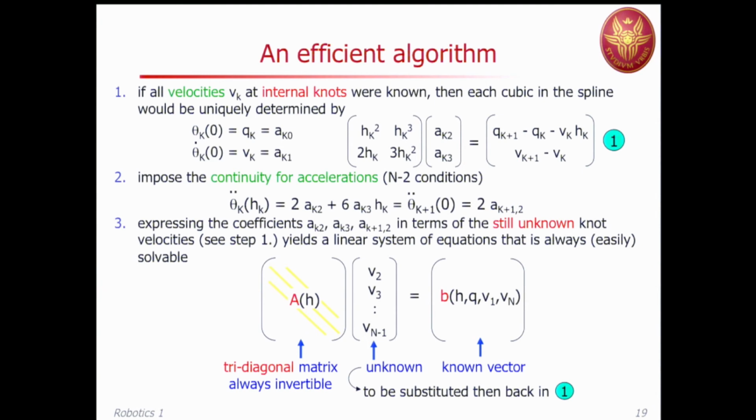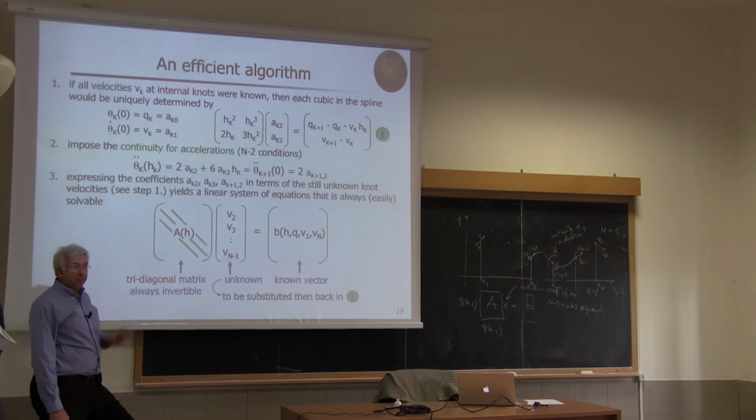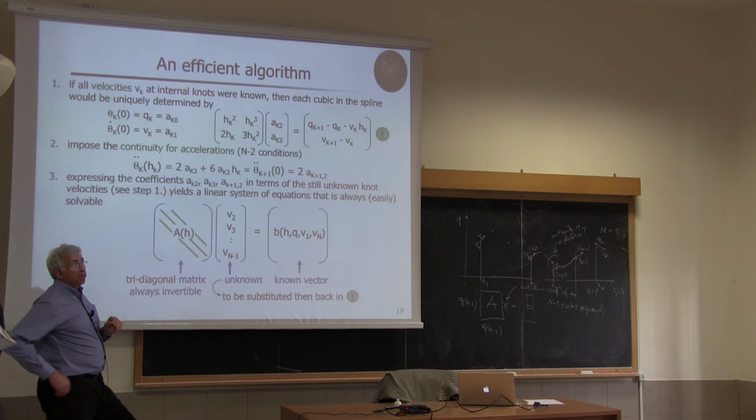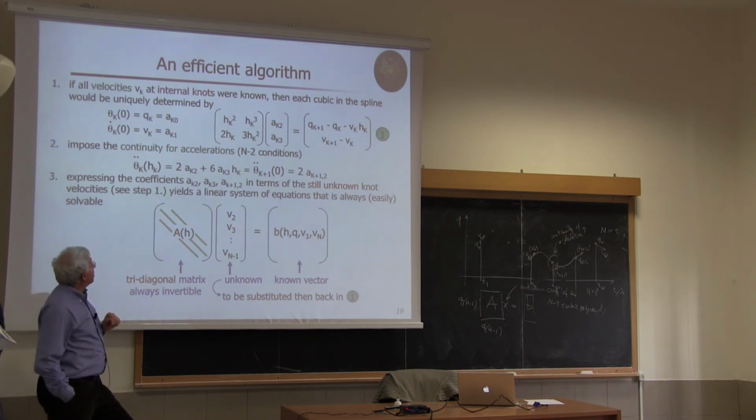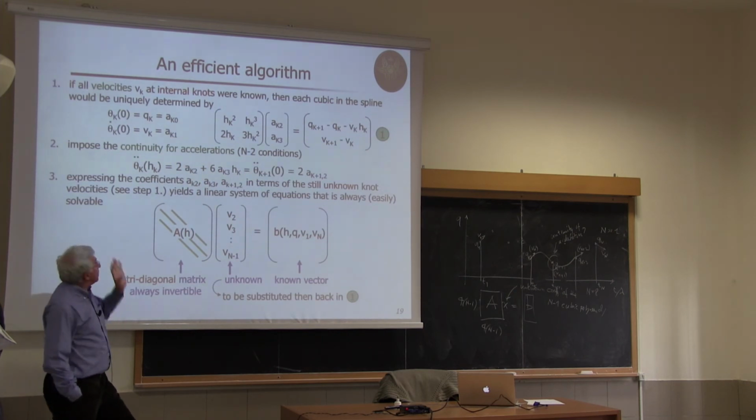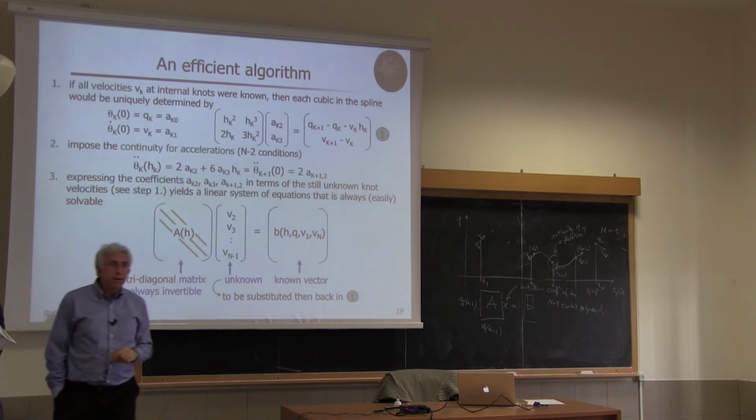So due to the structure, this is exactly the first coefficient. Ak0 is Qk. The velocity at the initial point of the interval, so at tau equals 0, should be Vk, which we don't have, but if we had it, then this should be equal to Ak1.